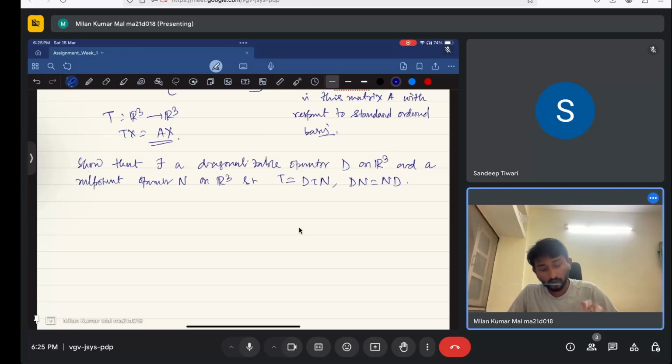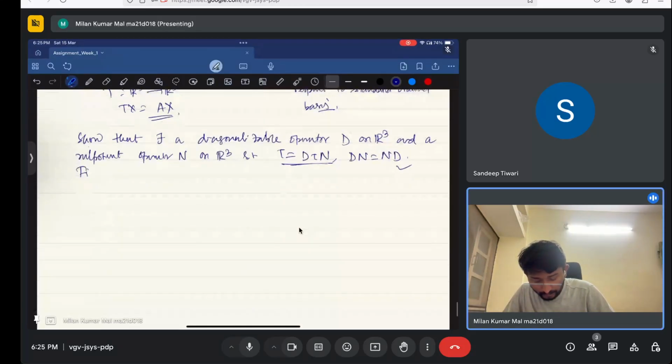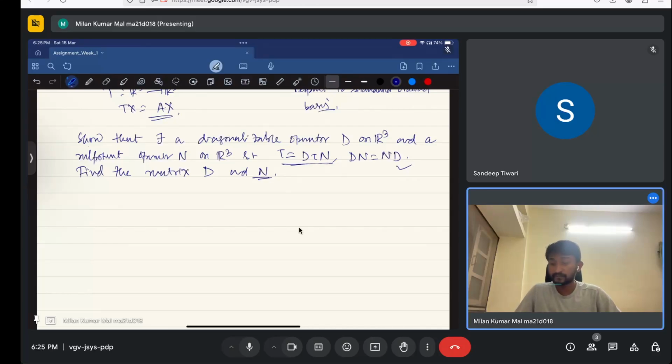We know what guarantees all these things: the minimal polynomial is completely factorized. Now the main problem is to find the matrices D and N. This is the interesting part.